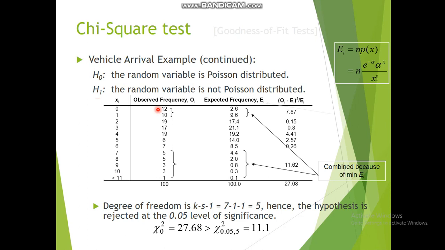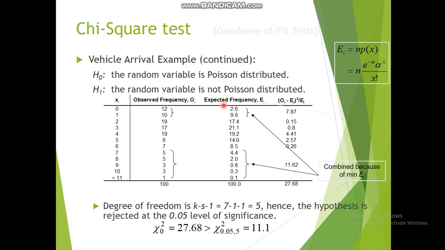As we know, in the chi-square test we calculate the expected frequency based on the observed frequency, as shown in this table. After that, we calculate (Oi minus Ei) whole square divided by Ei. Before that step, we need to combine certain values.